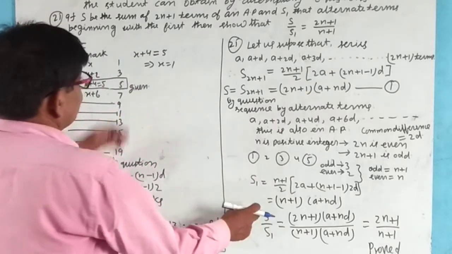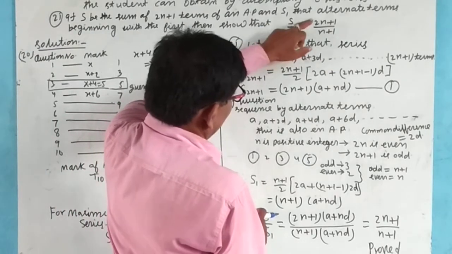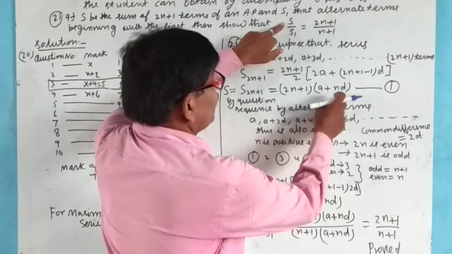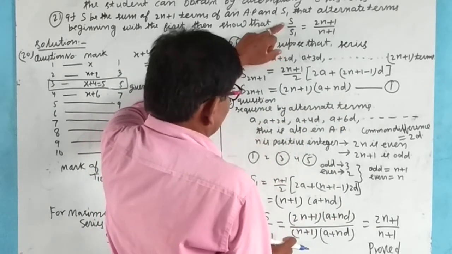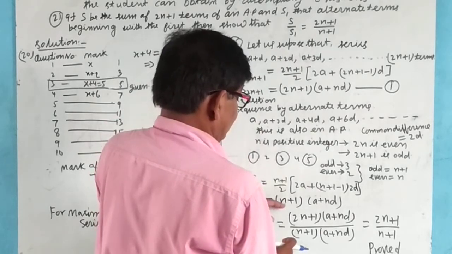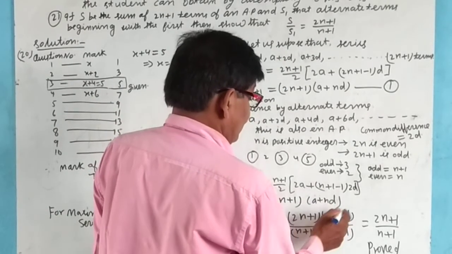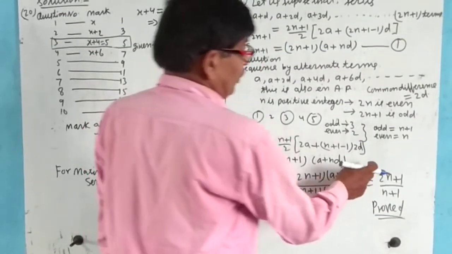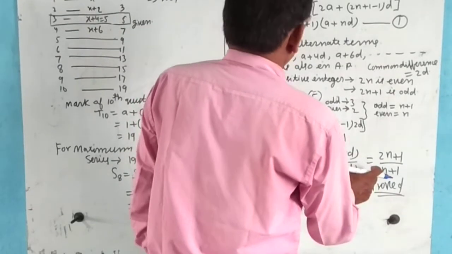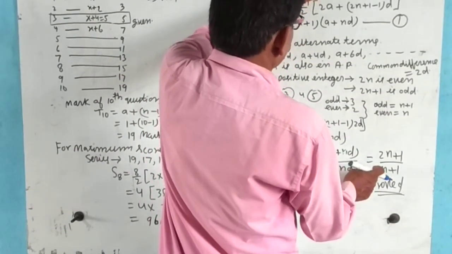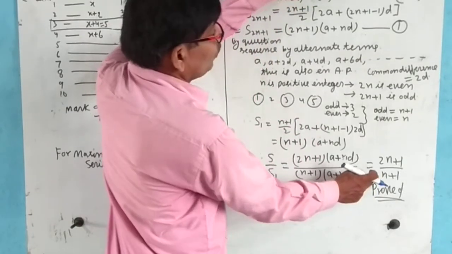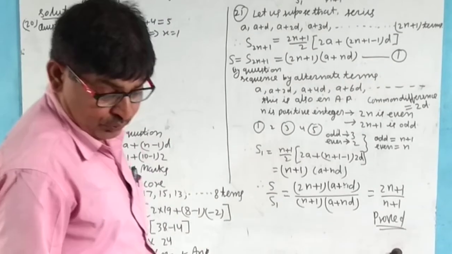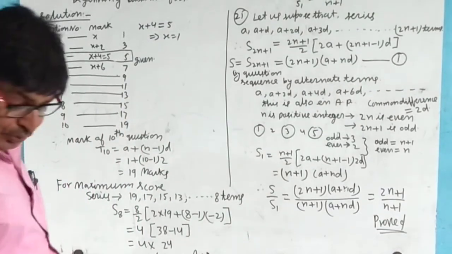Now we show that S by S1 equals S, which is 2n plus 1 into A plus nD, divided by S1, which is n plus 1 into A plus nD. A plus nD and A plus nD cancel, so it is 2n plus 1 by n plus 1. This proves that S by S1 equals 2n plus 1 divided by n plus 1. Now we discuss another problem.